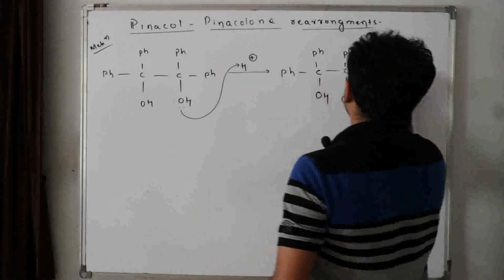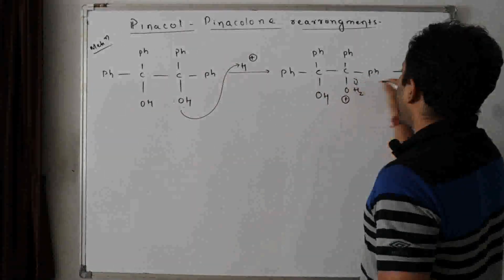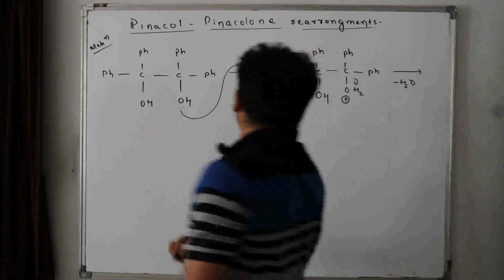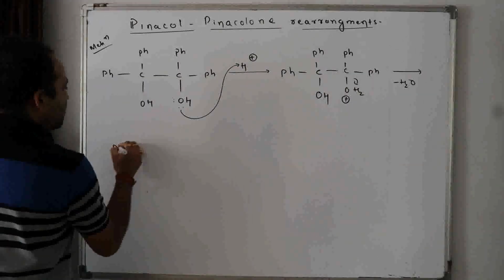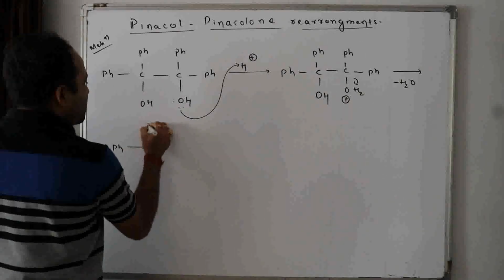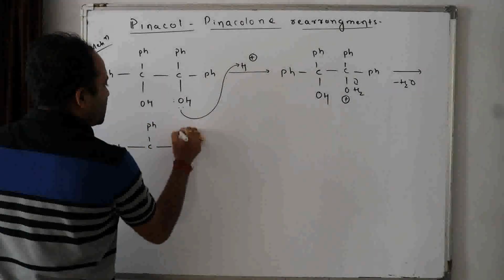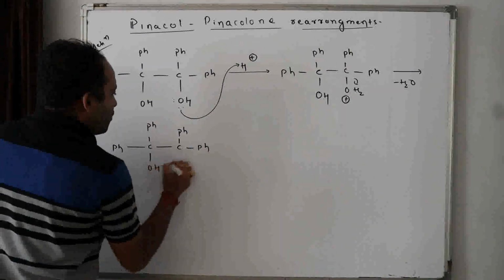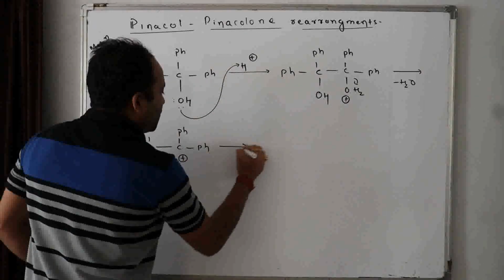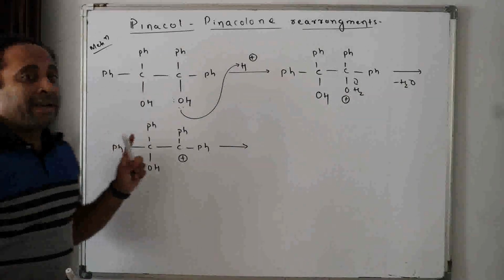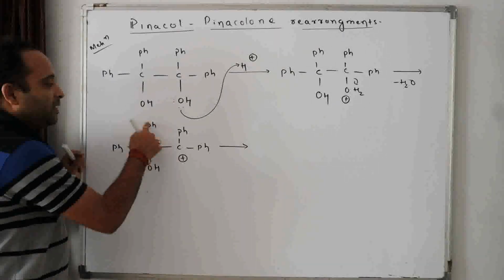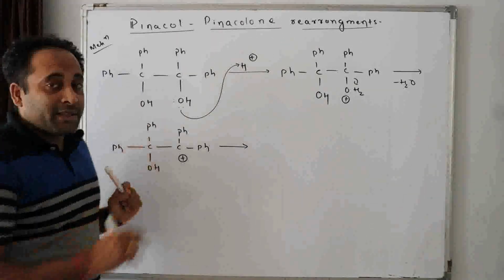OH2 plus, isn't it? In the next step, water is removed, isn't it? After the removal of water, what will I get? Ph2C+-C(Ph)2-OH. Now, here migratory aptitude is strictly followed while shifting this phenyl. Remember two major things I said.